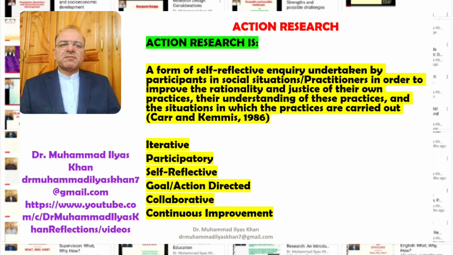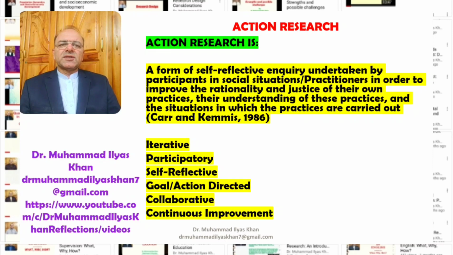It is a self-reflective inquiry where the practitioners reflect on their own practices in order to find ways to improve their practices. Generally, action research is goal or action directed rather than with a focus on theory development.